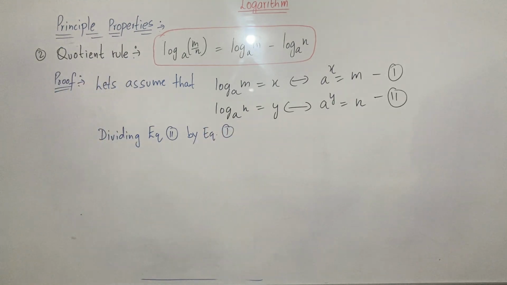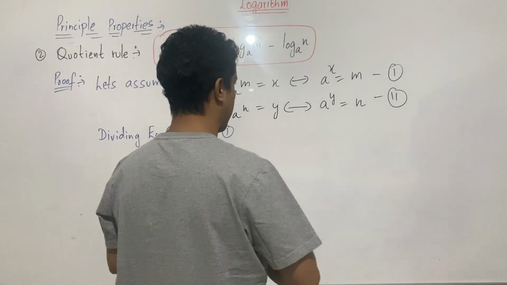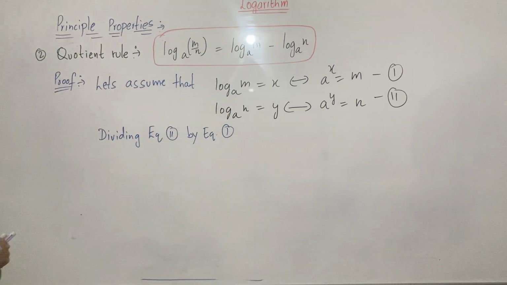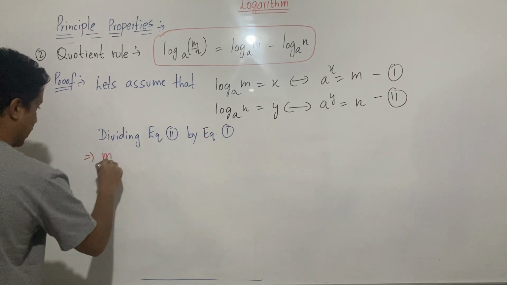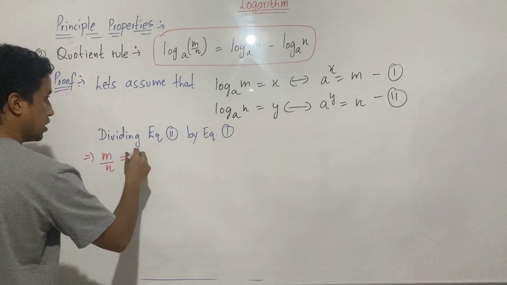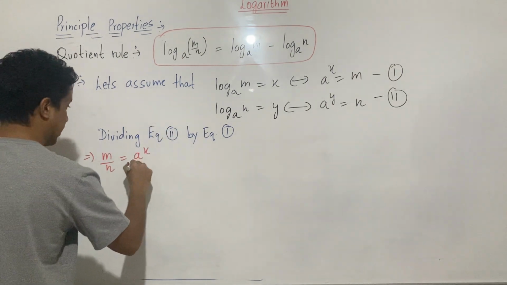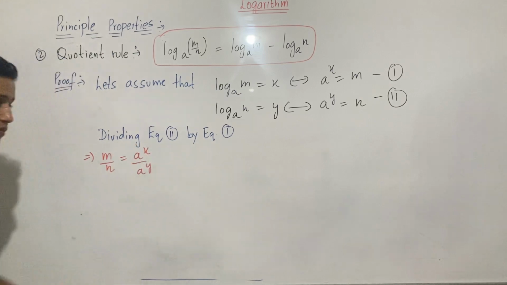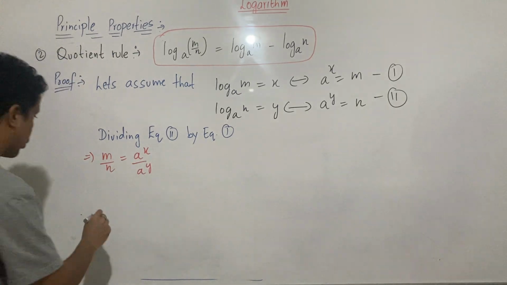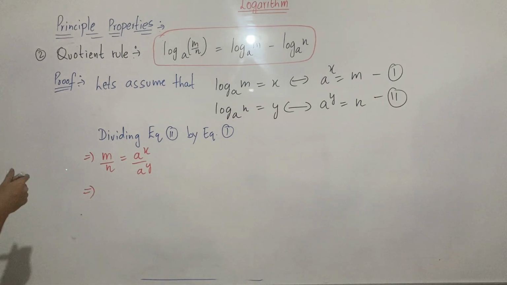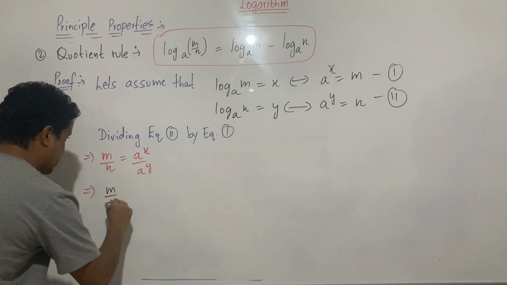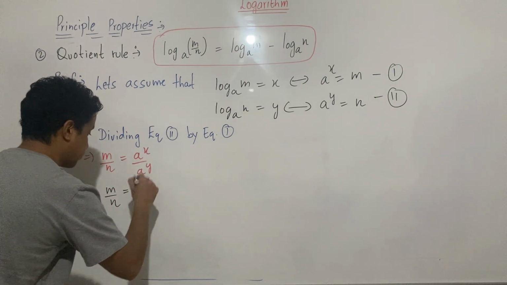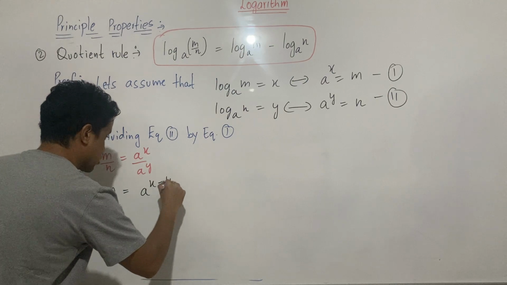If we divide equation 2 by 1, then what would happen? Then m by n equals a^x by a^y, right? Which further implies m by n is equal to a^(x minus y).